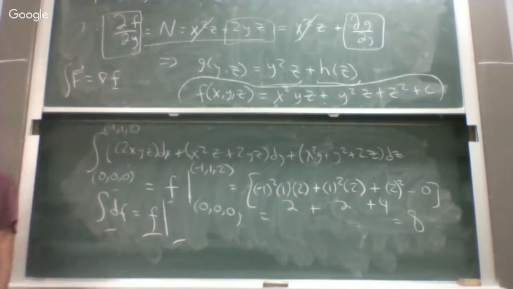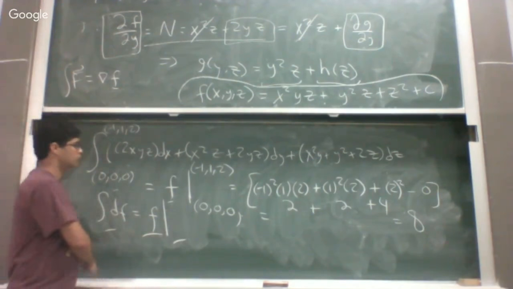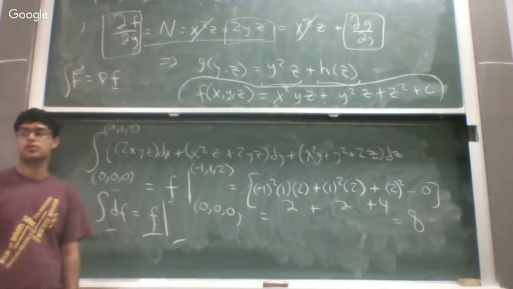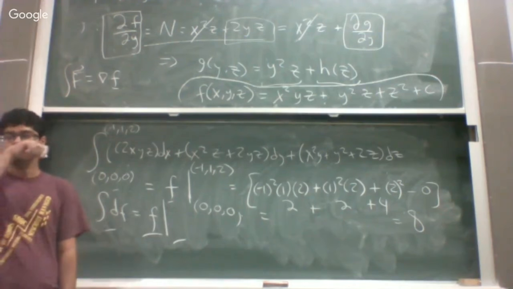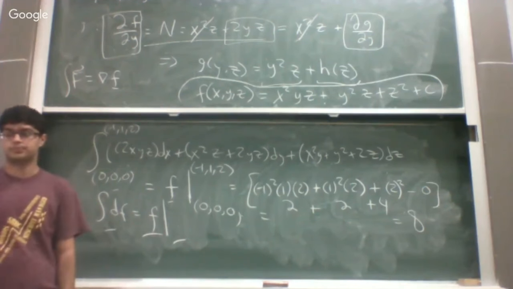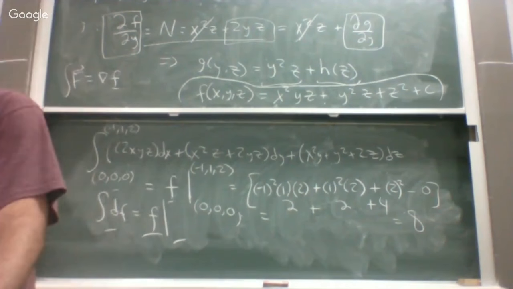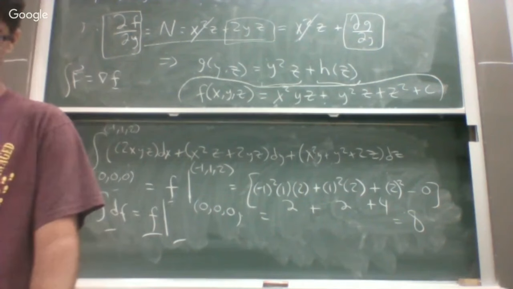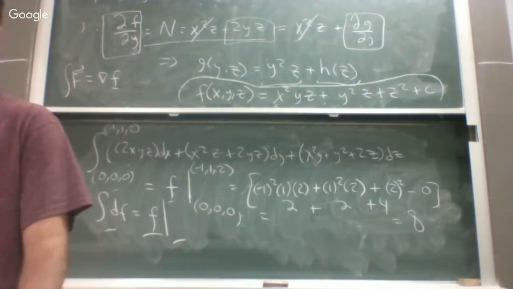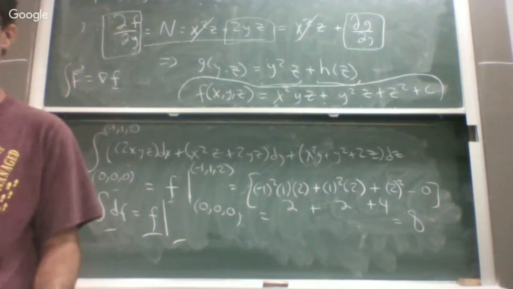Oh, but would it be the right answer though? I'm not sure, because some problems you need to show that it's conservative for it to do this. We would get x squared yz, y x squared z. Yeah, I might be wrong. I don't think it'd be the same answer, because it's like that whole thing about path dependence and stuff.